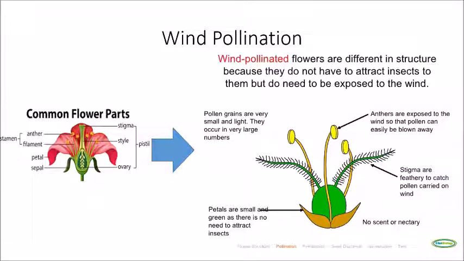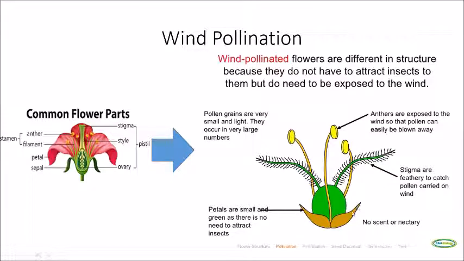For example, if a plant is going to rely solely on wind to pollinate itself, then it's not going to need petals. So with plants that do wind pollination, their flowers have very small petals that are inconspicuous.